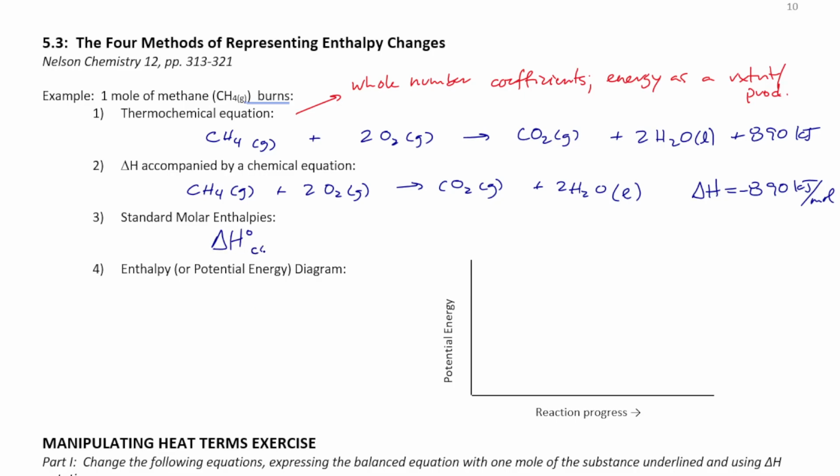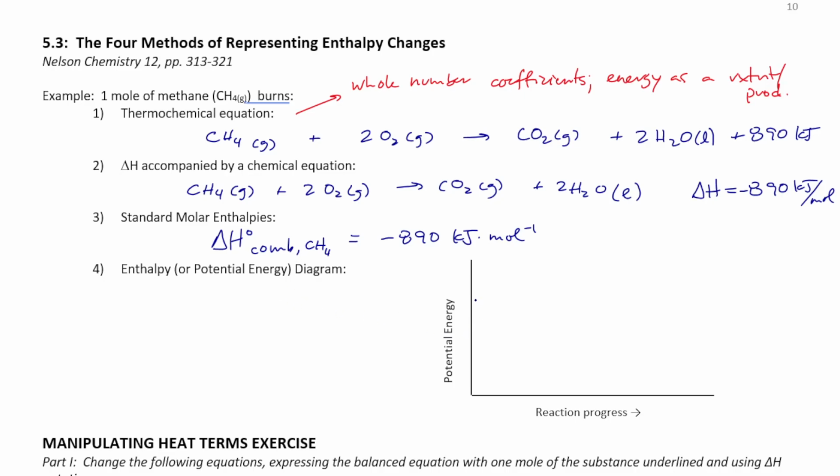Delta H of combustion of CH4, and then I just write the value, negative 890 kilojoules, and you can write it like this, kilojoules times moles to the negative 1, that just means kilojoules per mole. And if we see something like this, the whole equation is implied by this statement right here. The last way is with an enthalpy or potential energy diagram.